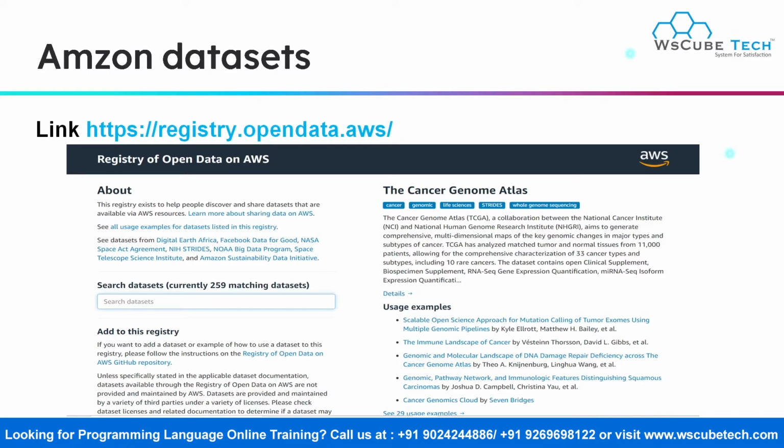And it even has a search box over here where you can simply type the data set you are looking for. For example, if you're looking for a data set related to disaster, you can type in that search box about disaster, and it will give you a number of suggestions with respect to that data set.